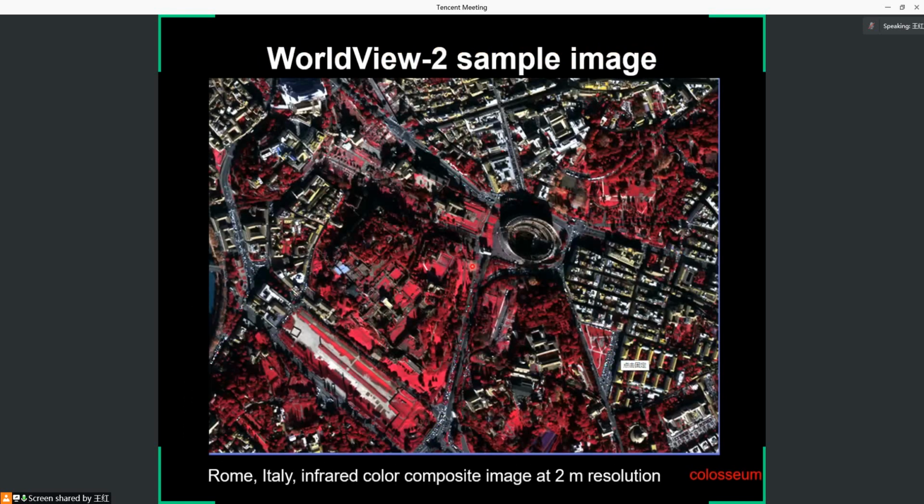And then this is WorldView. This also has 2 meter resolution. This is the Colosseum, Rome, Italy. What do you see? This building is white. The red one, infrared color, false infrared color.